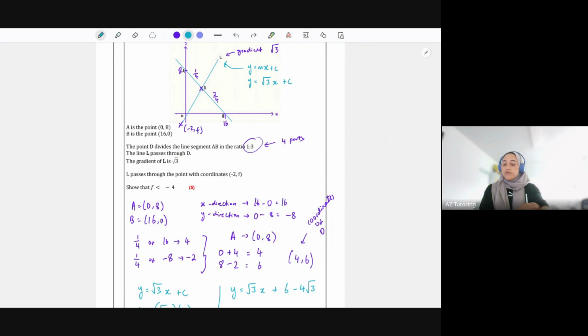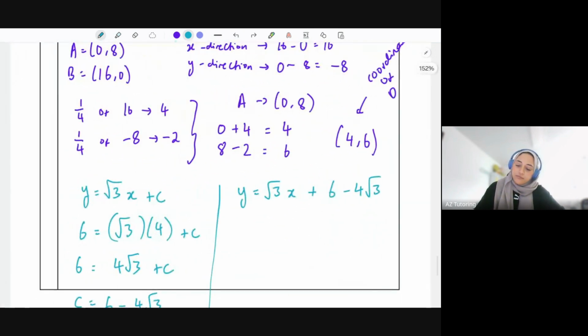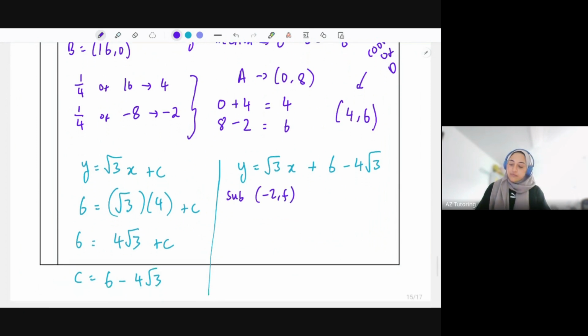We want to find the coordinates of F. So I'm going to substitute minus 2 in. So the y of F equals root 3 times x, which is minus 2, plus 6 minus 4 root 3.